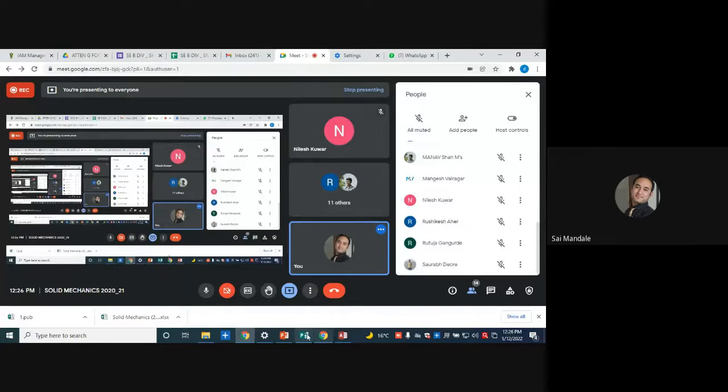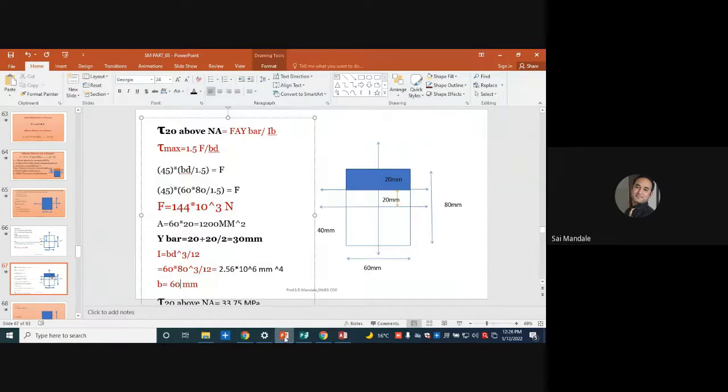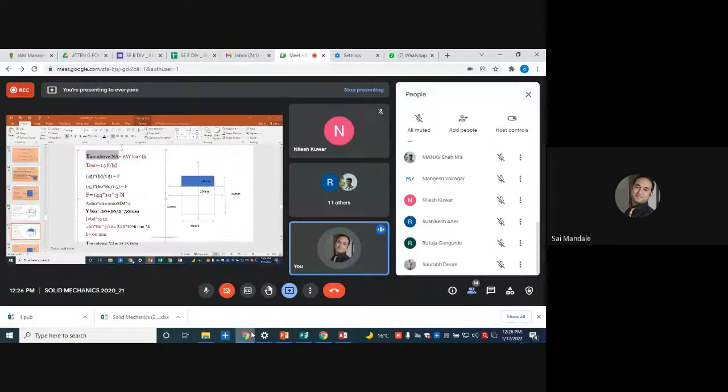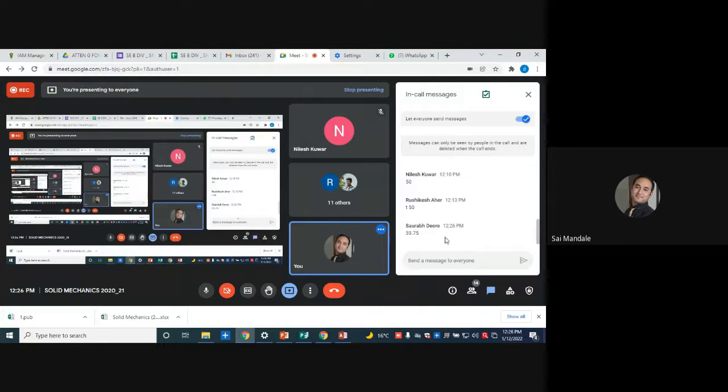Okay. So the task for you is, go ahead. The values for the things are given to you, and you have to tell me the value of tau at NA. Saurabh Devri is saying 33.75. Anybody else?